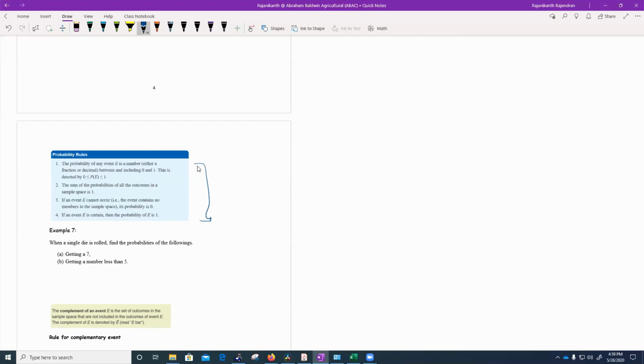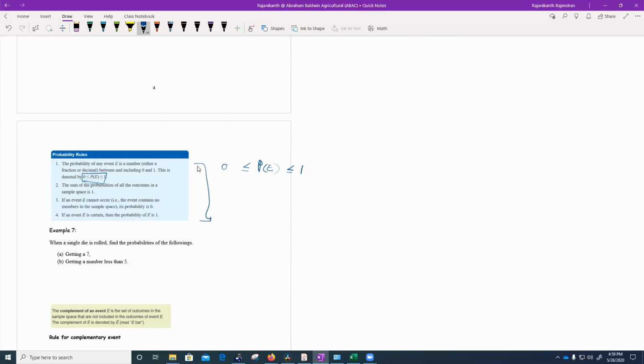This is denoted in inequality form. My probability of any event E is always bounded by 0 and 1, and 0 and 1 are included in my inequality. That is why I have the equal sign here. That means your probability answer may be 0, maybe a maximum of 1, or in most cases, your probability answer will be between 0 and 1.